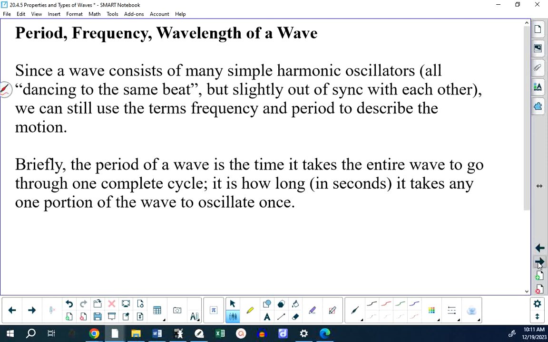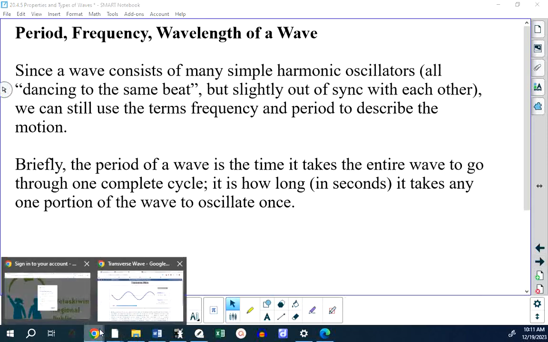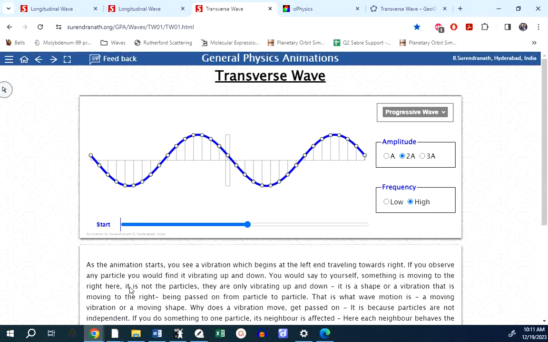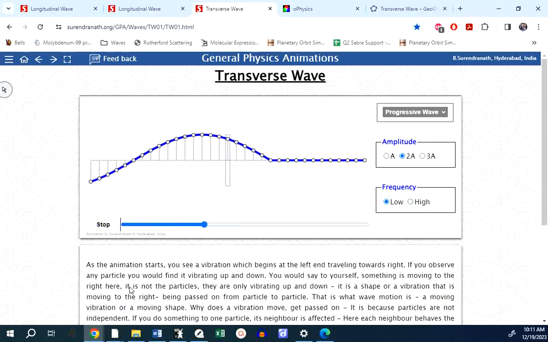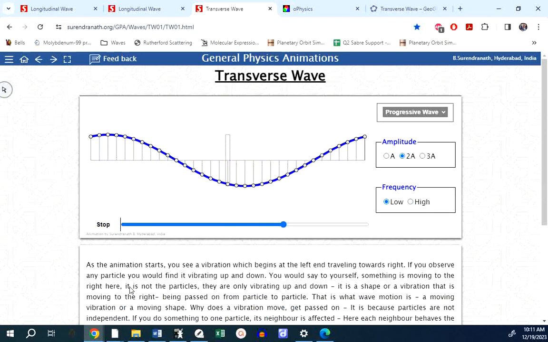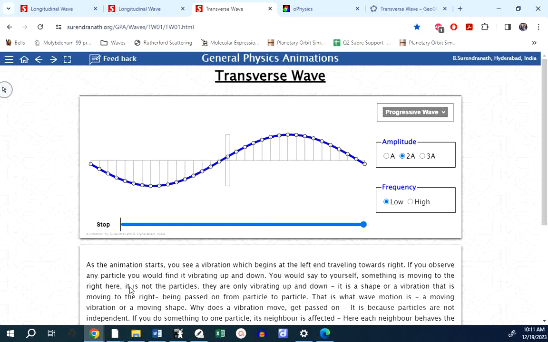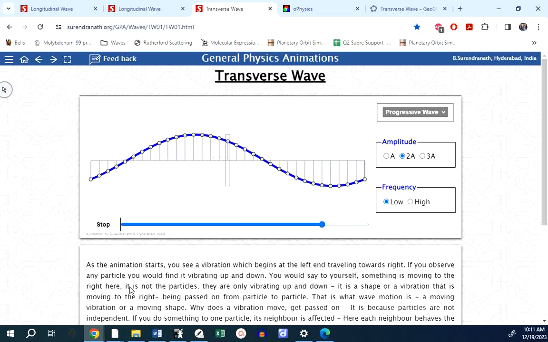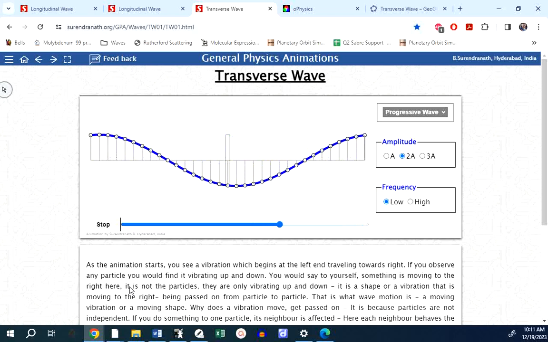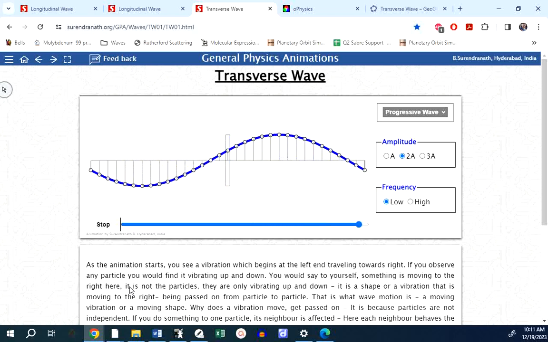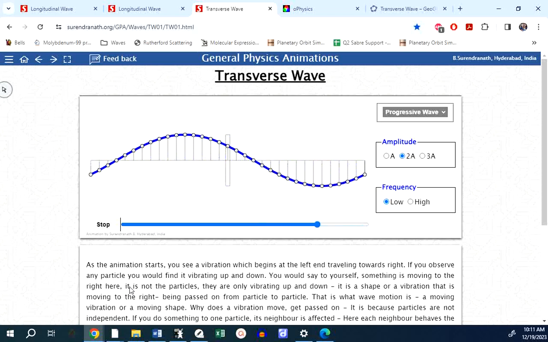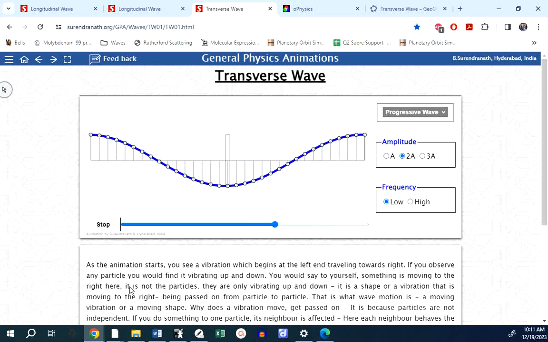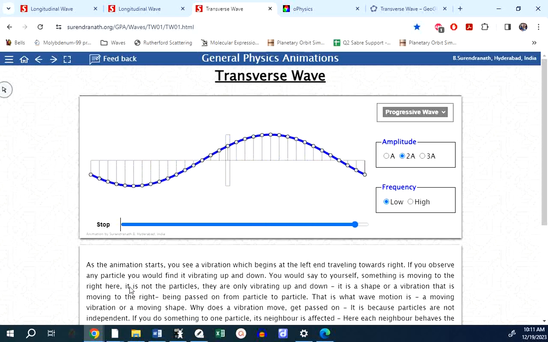The period of a wave is the time it takes the entire wave to go through one complete cycle. So I want to see if you can wrap your head around this. If I take a look at a low frequency wave, I want you to try to imagine that the period is the time it takes, we'll go with this middle dot, for this middle dot to go from the top to the bottom and back. I just want you to understand that's what the period is.